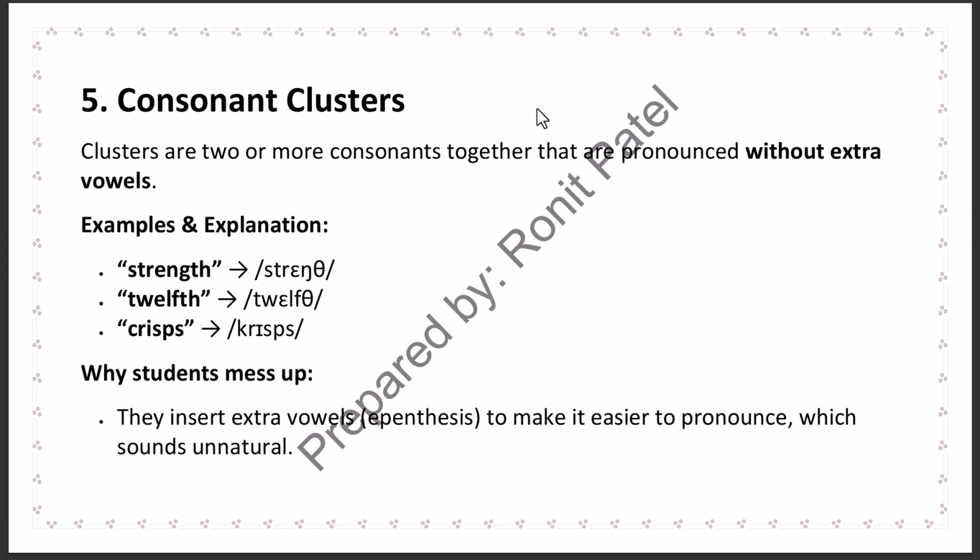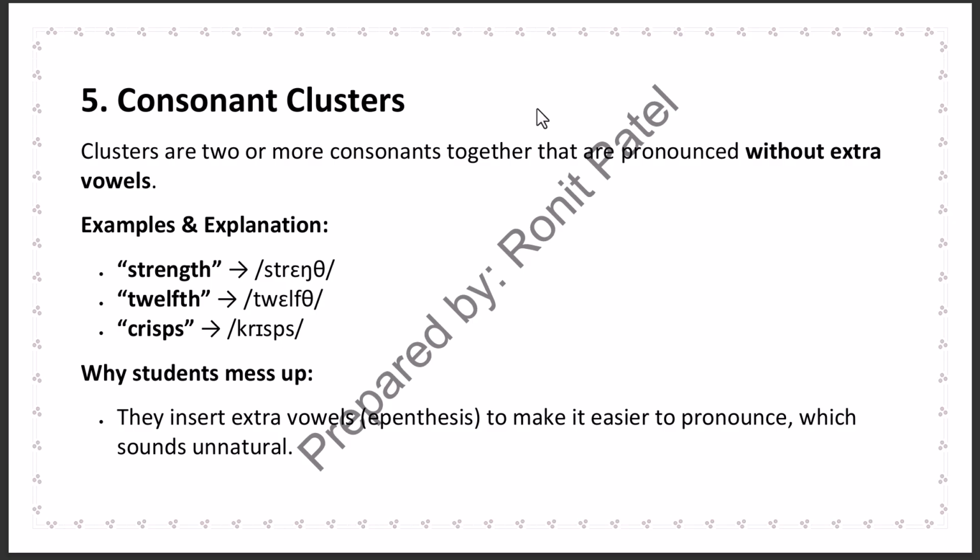Next, we explore another serious pronunciation barrier, consonant clusters. These are places where many consonants stand together without vowels. Words like strength, twelfth, crisps. Now imagine you are a learner whose native language usually places a vowel before consonants.